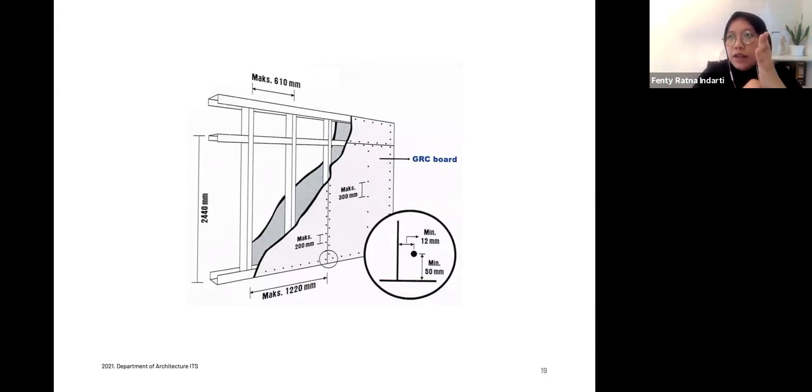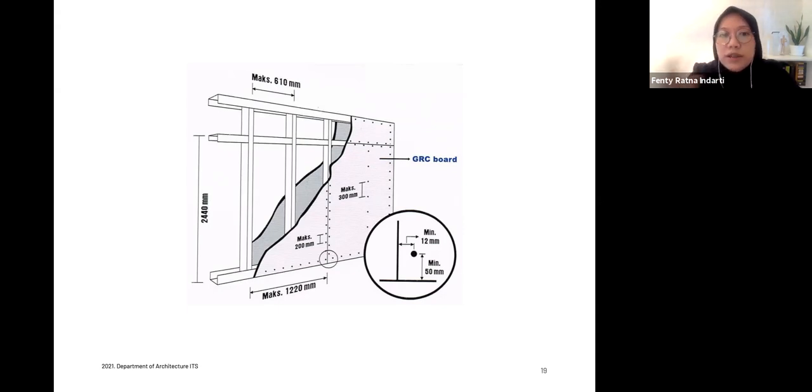If you hear a sound like emptiness inside, then it is definitely a partition wall, using GRC board or gypsum. If it doesn't have that sound, then it is made from a solid material. When it's finished, you cannot distinguish whether it's brick or GRC board, because the paint will change everything and the look can be the same.